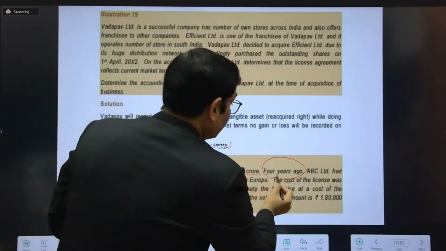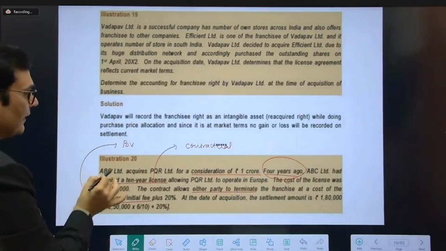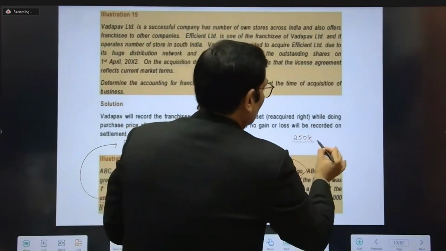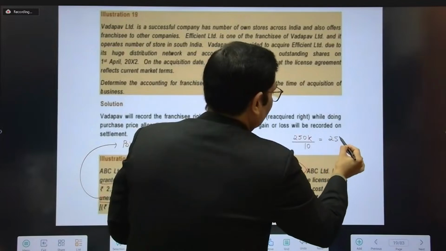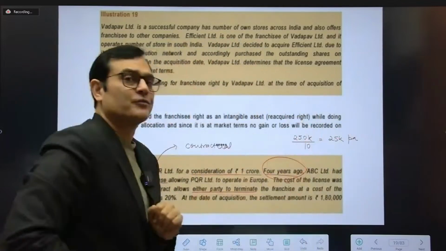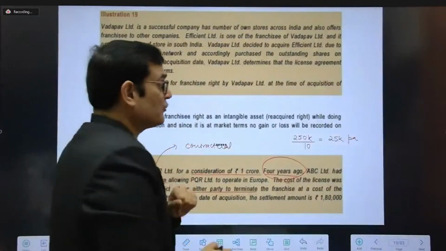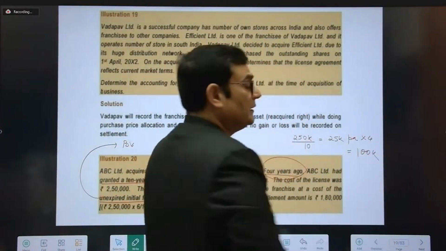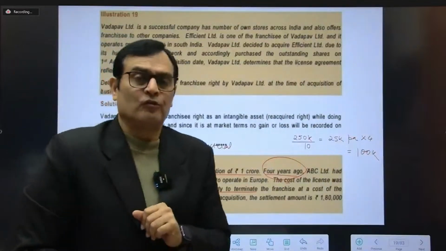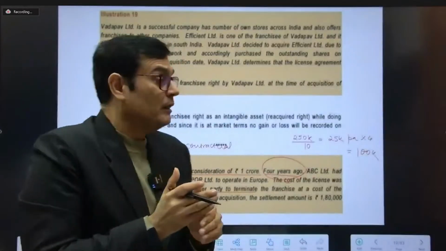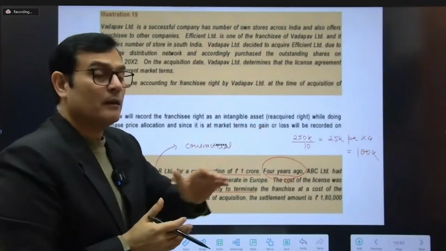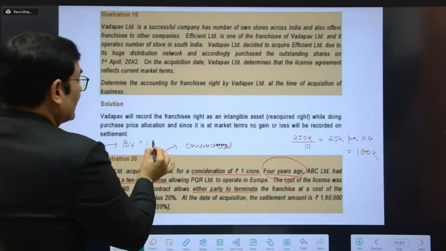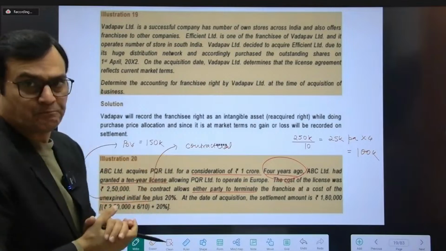Now, when it says 4 years ago, we can say the license was acquired at a cost of 2,50,000, and we would have decided an amortization of 25,000 per annum, considering a life of 10 years. Since 4 years have elapsed, a total amortization of 1 lakh rupees must have been taken so far. So in the books of PQR, out of 2,50,000, 1 lakh amortization has already taken place. So the book value of this asset as of today would be 1,50,000.